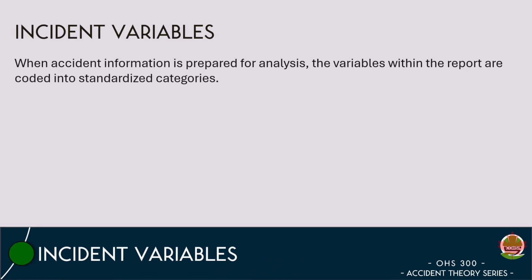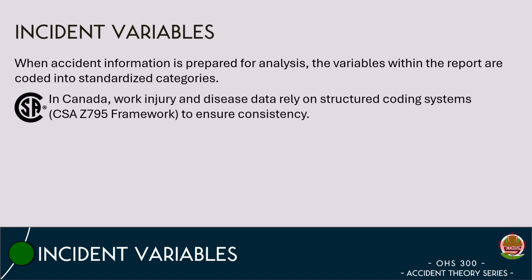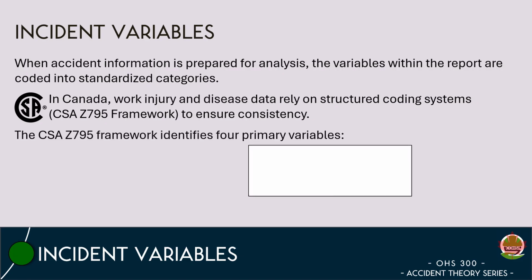When accident information is recorded for analysis, it is the variables within the report that are coded. In the context of work injury and disease data in Canada, coding systems are designed to capture a small number of core variables that describe the essential characteristics of an incident. The CSA Z795 framework identifies 4 primary variables that form the foundation of injury and illness coding.